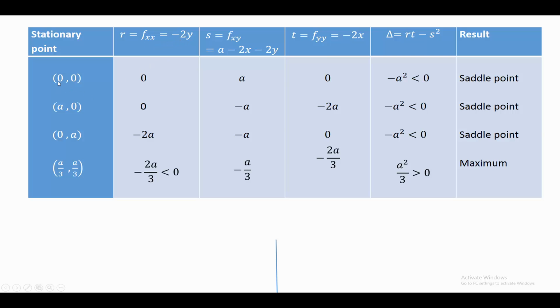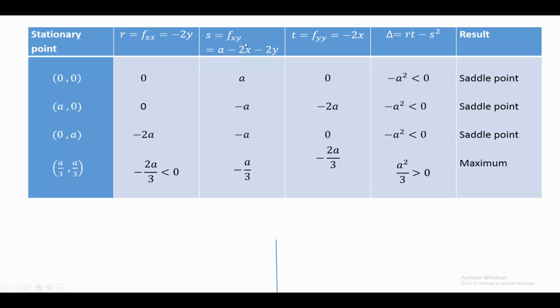Here put x is 0, y is 0, so this is 0. At (a, 0), y is 0, so this is also 0. At (0, a), y is a, so this becomes minus 2a. And at (a by 3, a by 3), we get minus 2a by 3. This value is negative. Value of r is negative here, and here also r is negative.